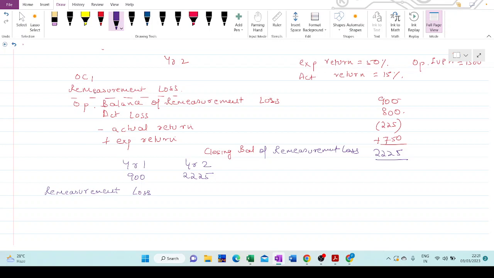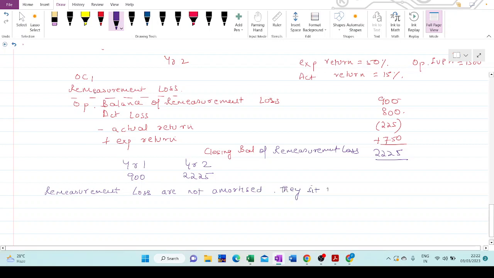So there is no need to amortize these remeasurement losses or gains because they will self-correct, they will auto-correct, right? So these remeasurement losses are not amortized, they sit in the OCI.